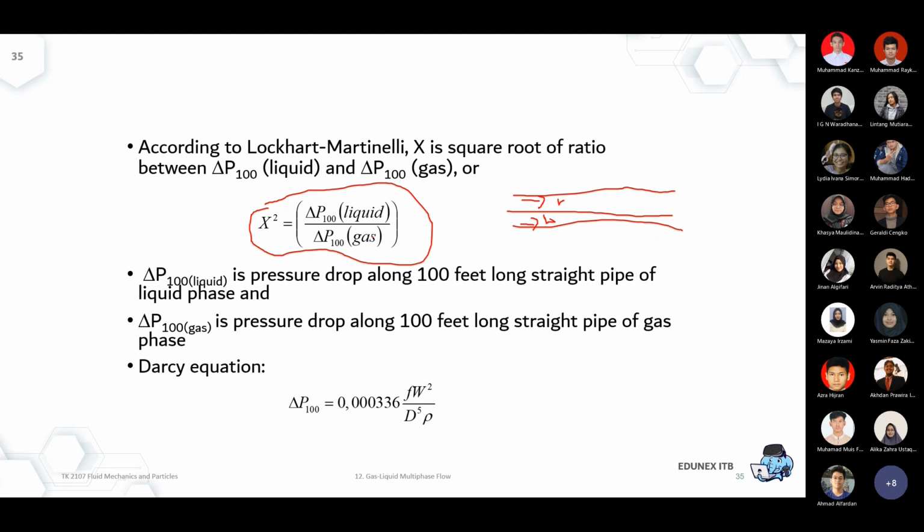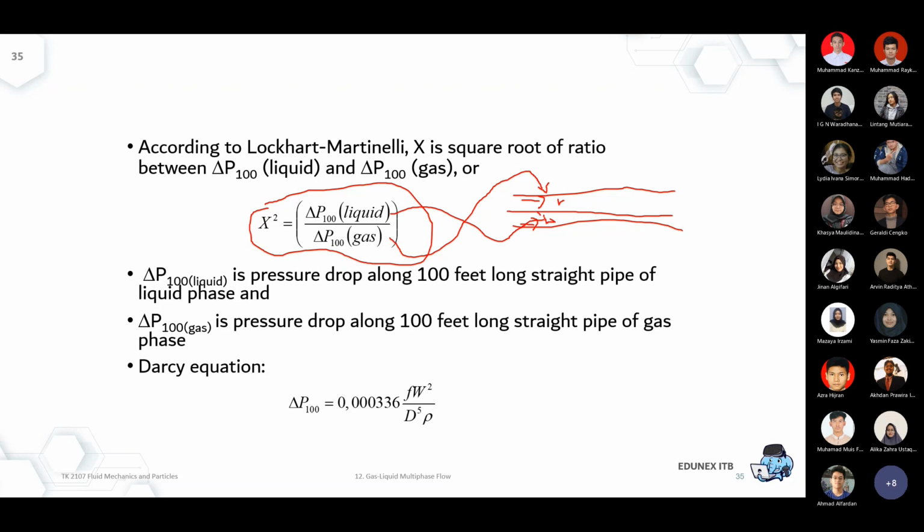We already calculated the delta P100 for the gas as a starting point for the pressure drop. But Lockhart-Martinelli also proposed that it's a good idea to calculate what if the pipe were completely filled by liquid, which represents the bottom part of this system.